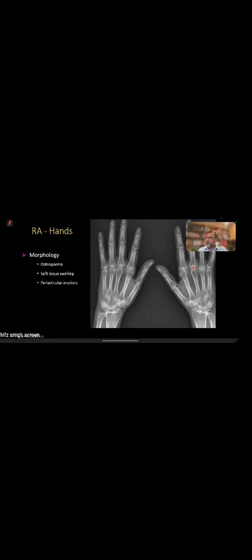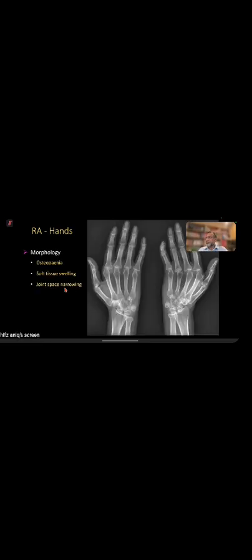There are multiple erosions, including in the wrist joint, especially on the ulnar side. There's also erosion of the ulnar styloid process, as somebody mentioned very nicely. So these are the things: osteopenia, soft tissue swelling, and periarticular erosion.